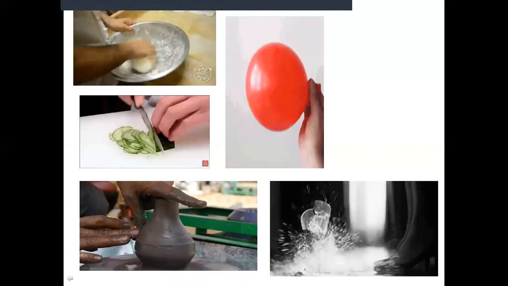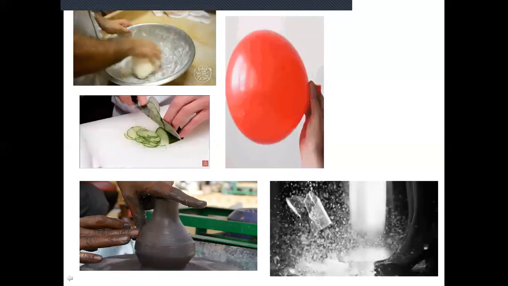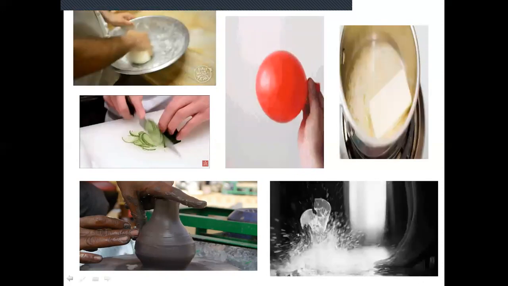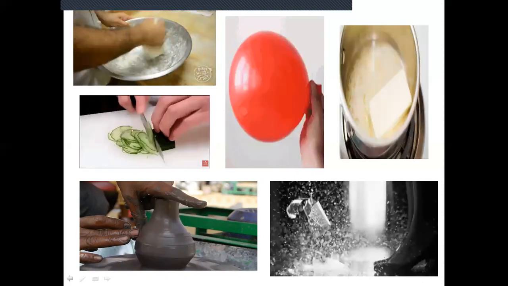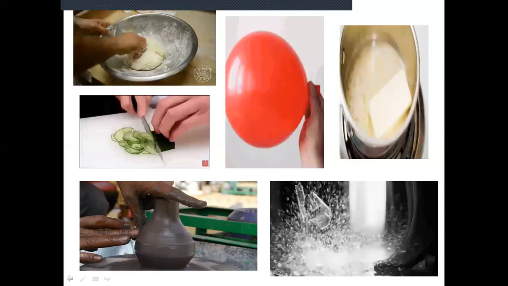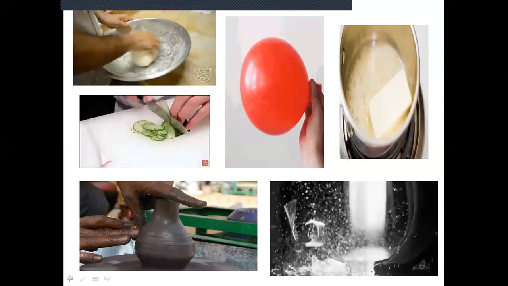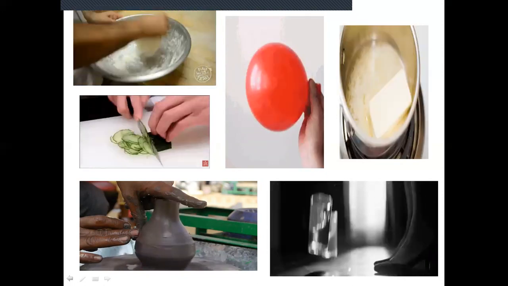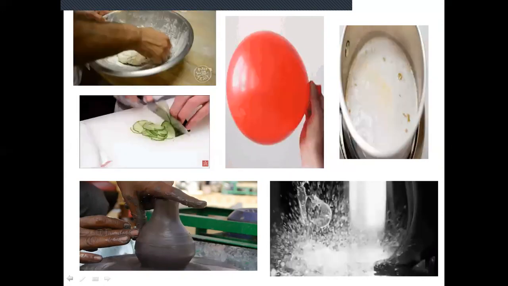Inflation of a balloon is also a physical change. Breaking of glass is also a physical change. And melting of ghee is also a physical change. Remember, in physical change, there is only a change in the state, shape and size of the substances. There is no change in the chemical composition or chemical property of a substance. There is only a change in the physical property of a substance.